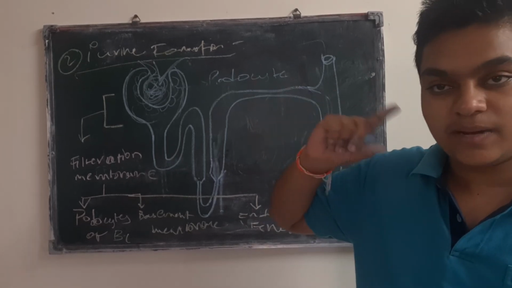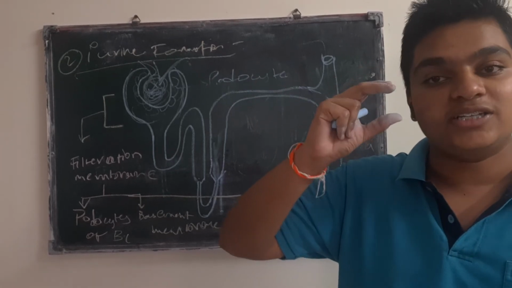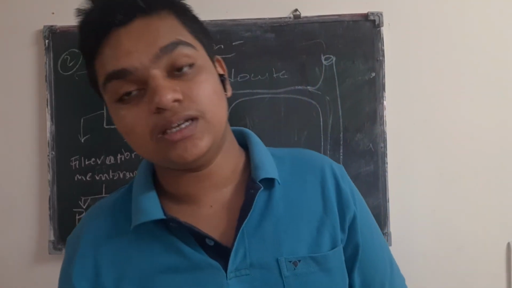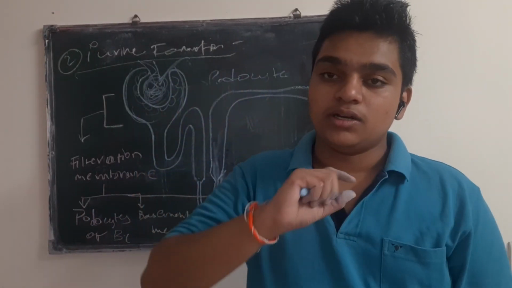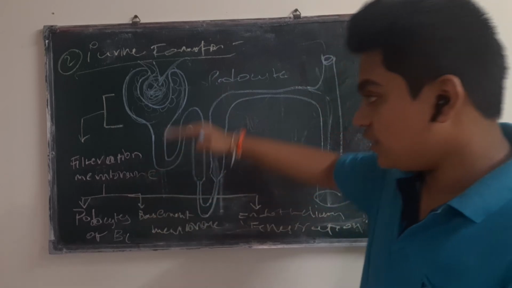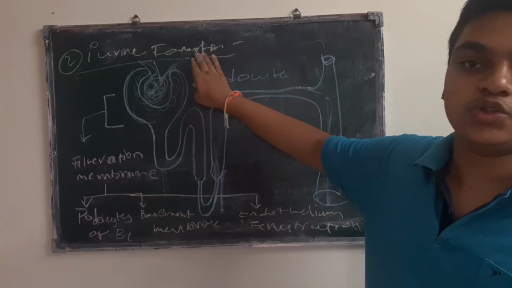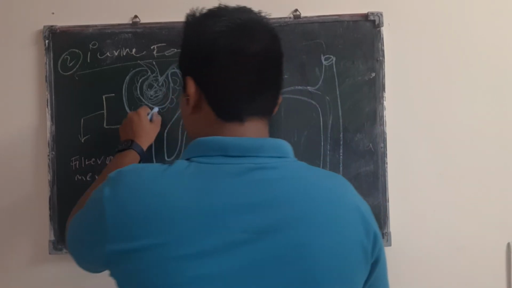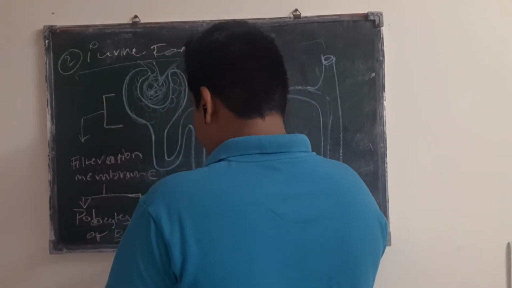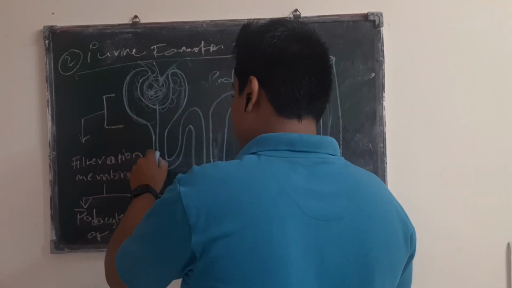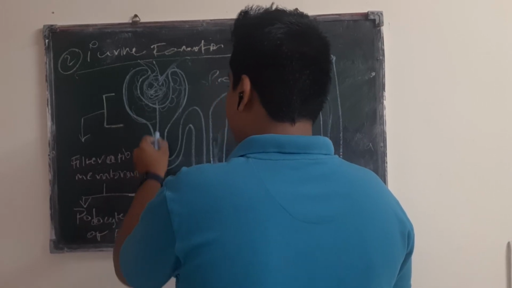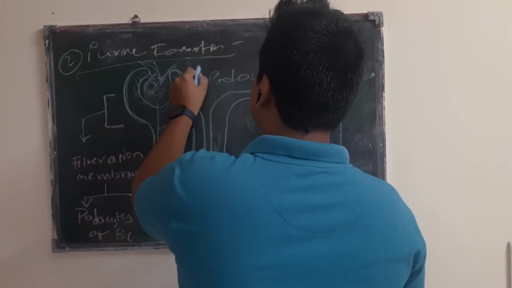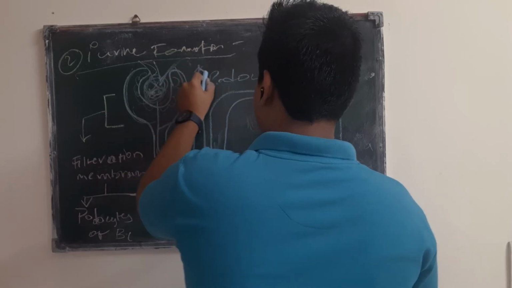But in the plasma we have large contents like RBC, WBC, and most of the plasma is left out here, and it is taken out through the efferent arteriole. The urine which is formed here, which enters the PCT part of the nephron, we call primary urine.